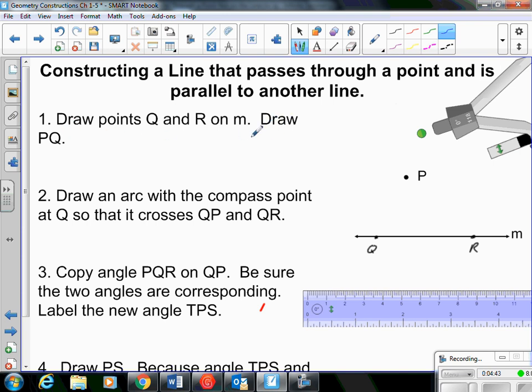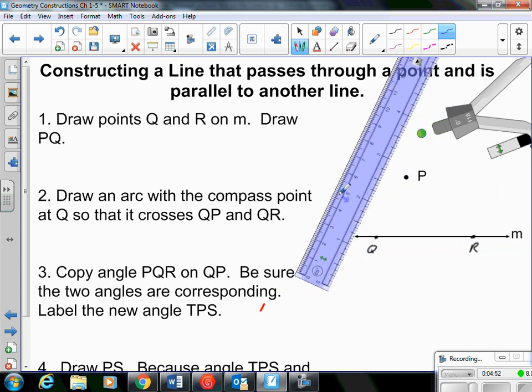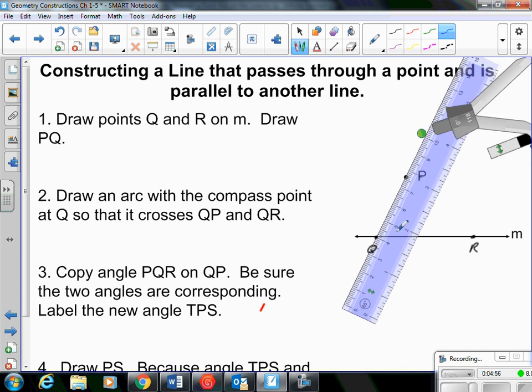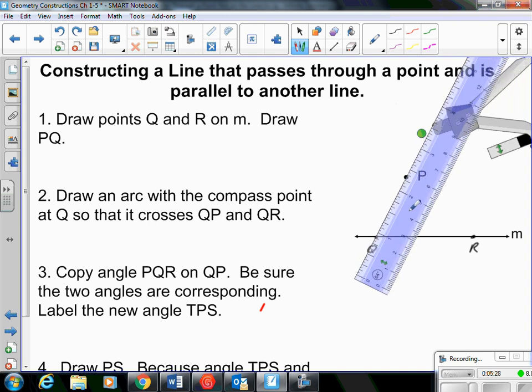And then it wants me to draw in PQ, or in other words, make a line segment that is going through points P and Q. I'm going to take that line up a little ways past point P when I draw it in there.